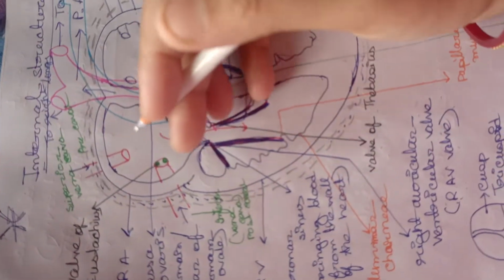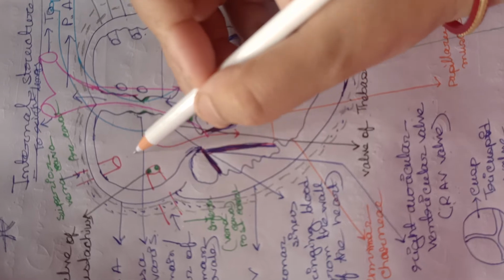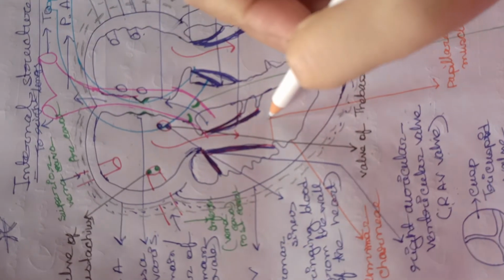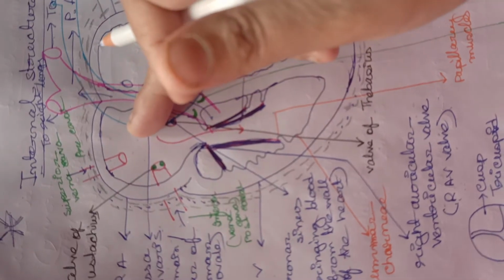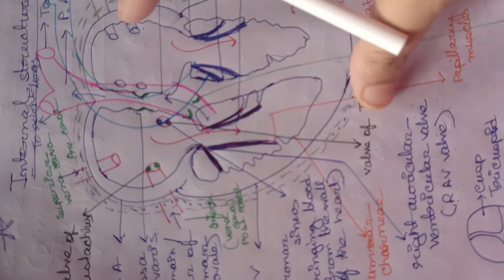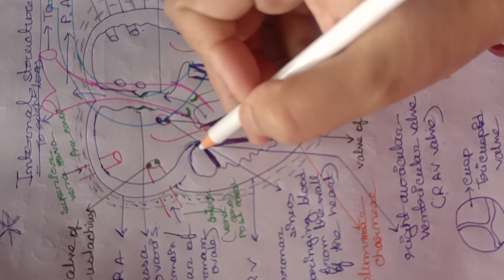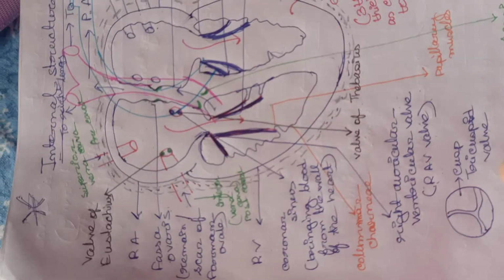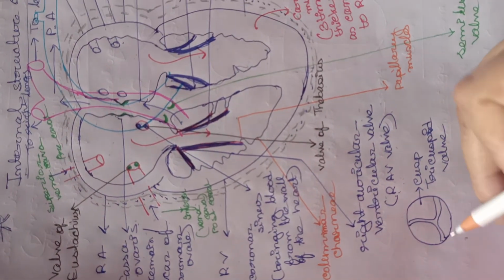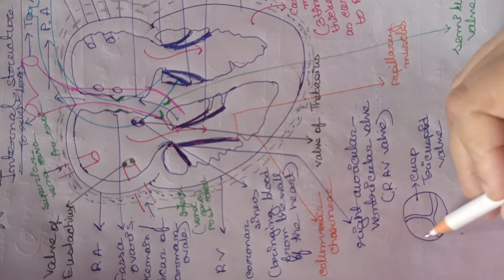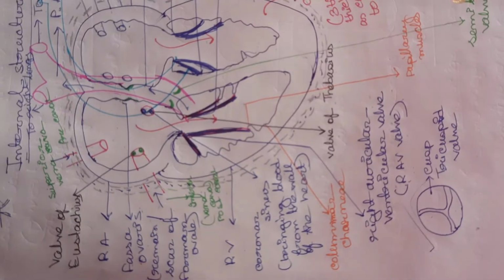This valve prevents the backflow of the deoxygenated blood, because when the deoxygenated blood comes from the right auricle to the right ventricle, if backflow takes place, then there will be a mixing of blood. For this prevention there is a valve called the right auriculoventricular valve, or we can also call it the tricuspid valve. Why? Because here 3 cusps are present. If we see it broadly, we can see the structure like this. Okay, here it is present.